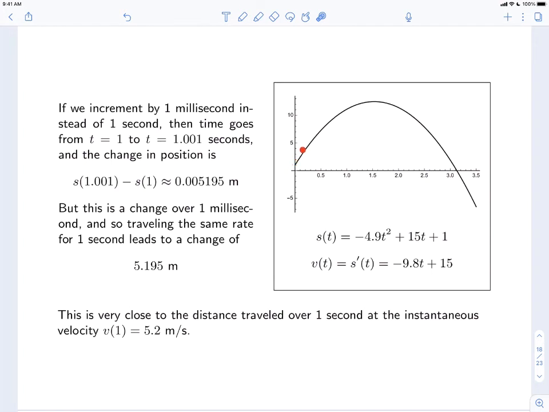The object goes up with an initial velocity of 15 meters per second. As it's going up, it's being acted upon by gravity, which is causing it to decelerate. So the object is going up, but at a decreasing velocity. Eventually, at the peak, the velocity is 0, and then the object will begin falling downwards. And now the speed of the object will increase, but the velocity will continue decreasing.